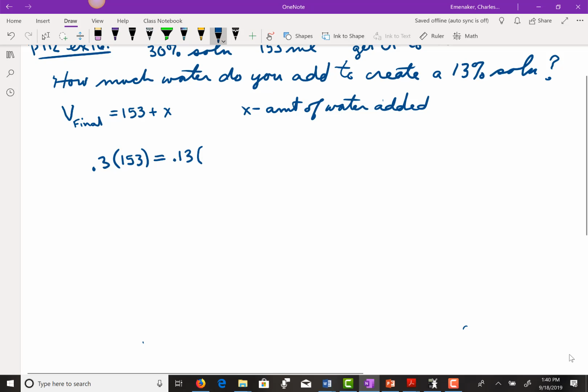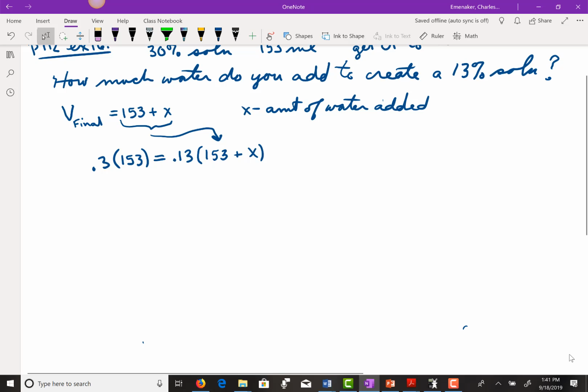Well, isn't it going to be the 153 you started with, plus whatever water you put in to dilute it? Does that make sense? So it's going to give us 153 plus X. Is that an equation that you could solve? That looks real doable, doesn't it?